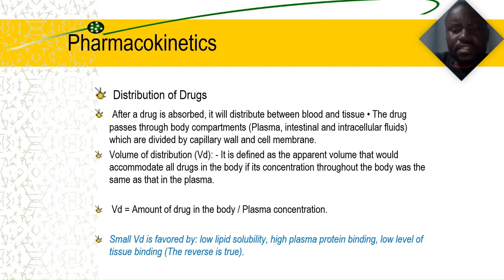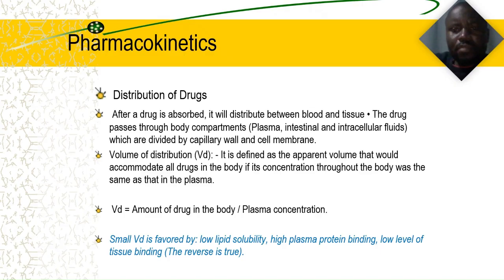Distribution of drugs. From the first component, we've seen that if a drug is administered, it has to be able to move from its administration site into blood. If it is administered directly into blood, then well and good, we skip the first component.